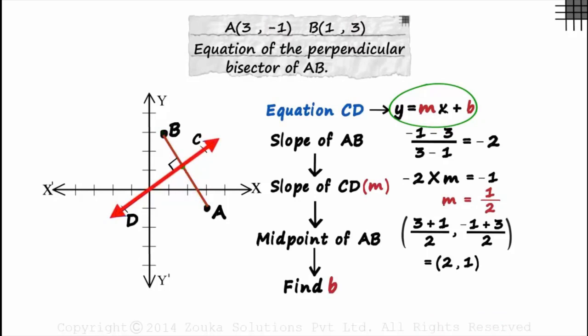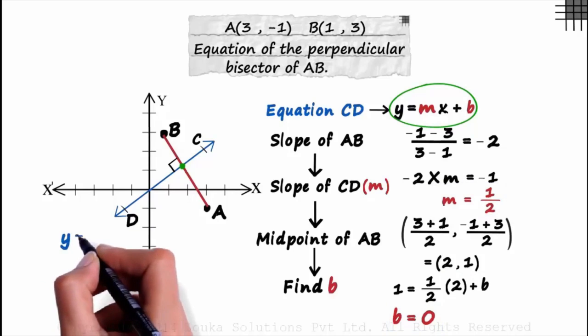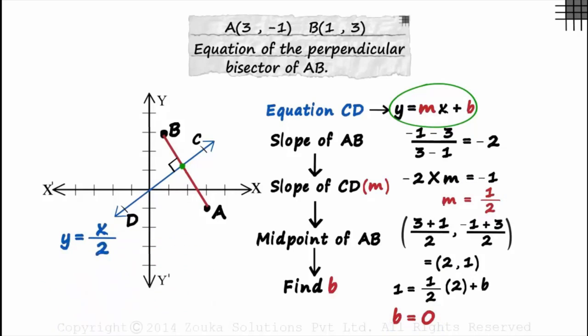So we have the midpoint of AB and the slope of CD. Now we substitute the point and the slope into the formula y equals mx plus b. So we get the value of b is null. So the equation of the perpendicular bisector of AB is y equals a half x.